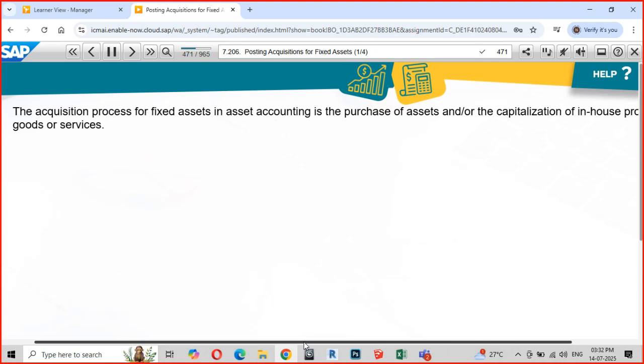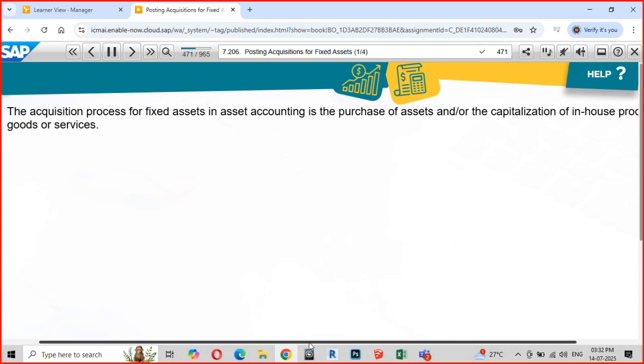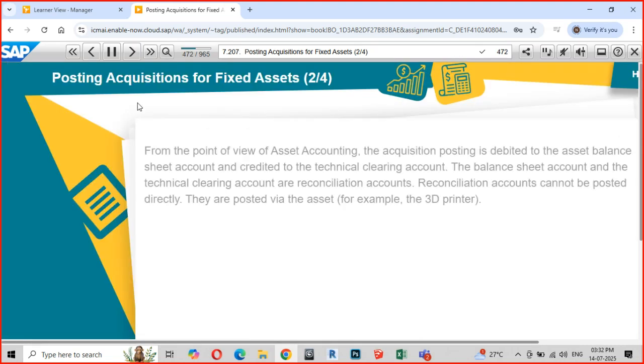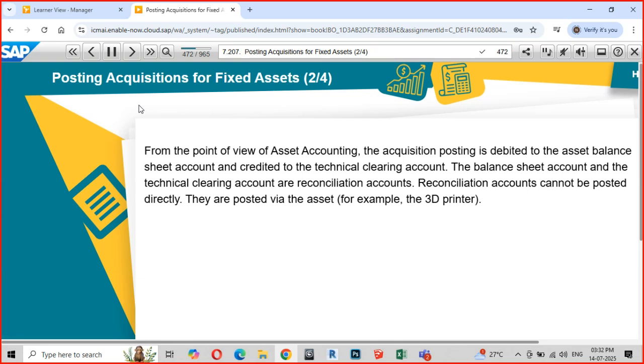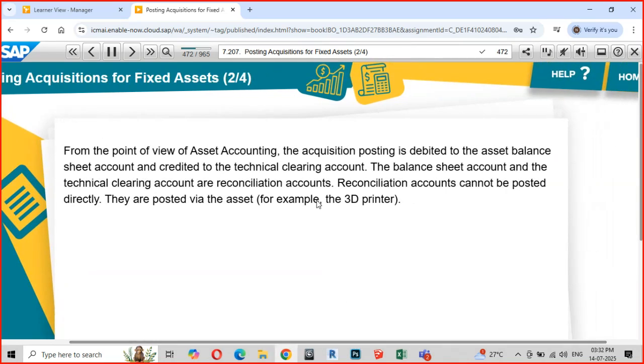So he has spoken about the acquisition or the capitalization process. Again, we are talking about all the activities. How are the entries flowing into the SAP system?